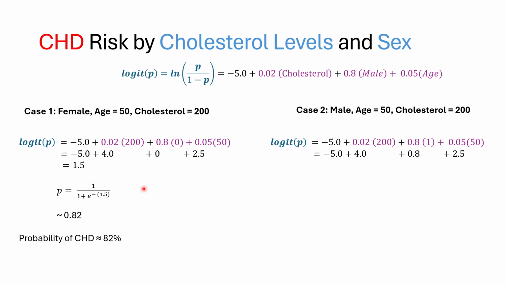Instead of 0 here, now we get 0.8, and if we sum all these values up, we get minus 2.3, and then when we inverse it, we get the actual odds, which is 0.91. Again, supposed value. The interpretation will be that the probability of developing chronic heart disease in a male aged 50, cholesterol 200 is 91%.